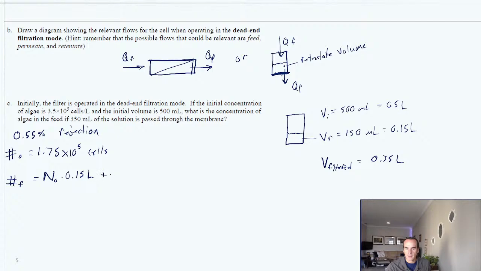Then we're going to add to this the number that were rejected from that 350 milliliters. So we'll take that 350 milliliters, multiply this by the 0.0055, that's our 0.55%, and then multiply that by the initial concentration, N naught. So the N naught is the 3.5 times 10 to the 5th cells per liter.